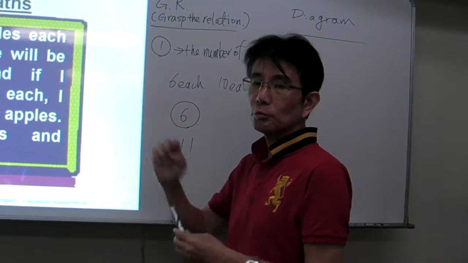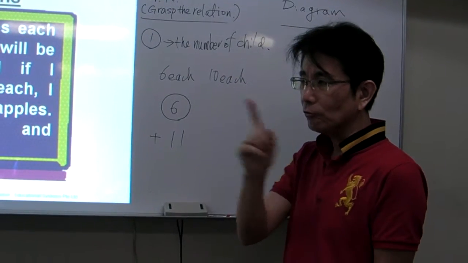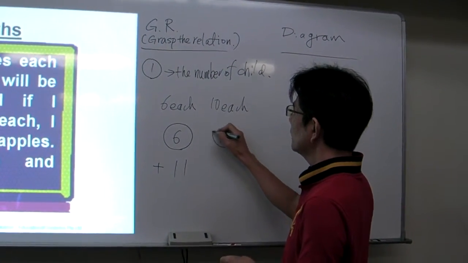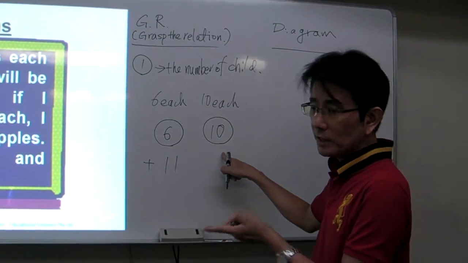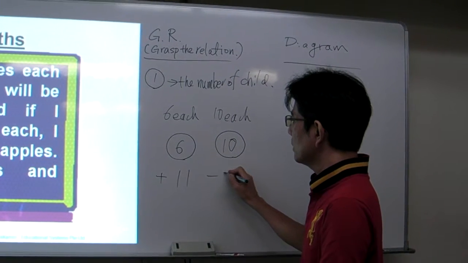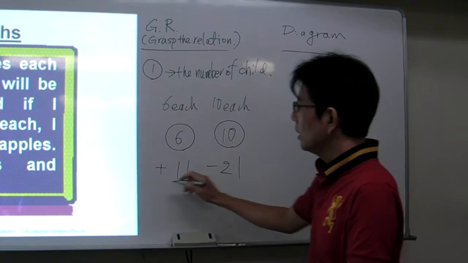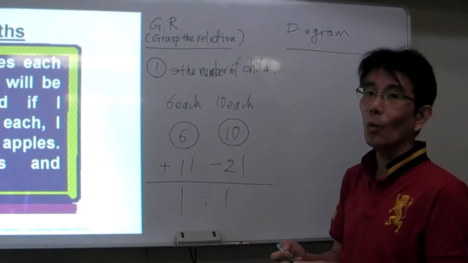I will be short of 21 apples to complete. If you count the total number of apples, each child gets 10 apples, so 10 circles of apples are needed, but actually not so many, since we are short of 21 apples. This is also the total number of apples. Left and right, the total number is the same, so already 1:1.